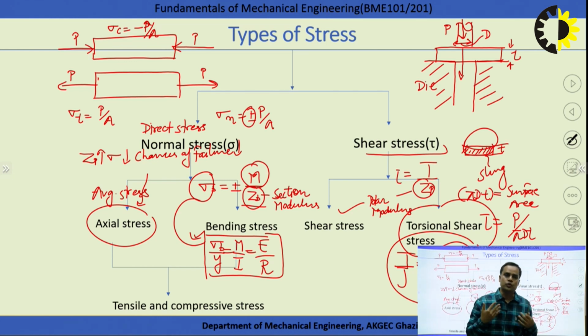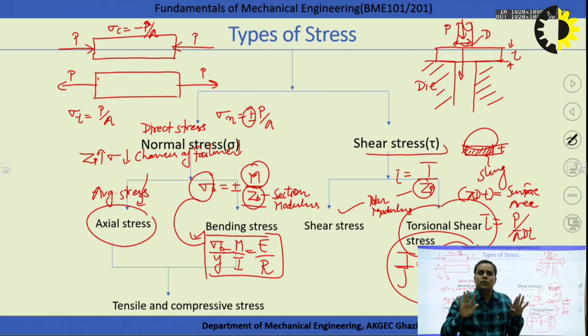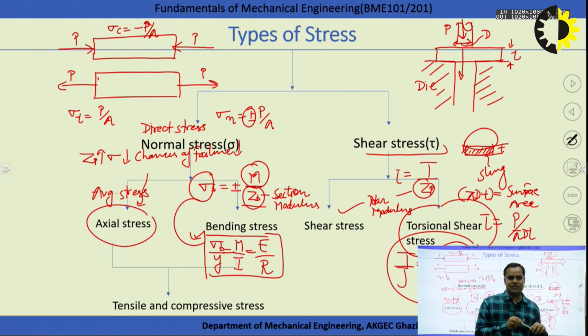And if we have to choose, there may be different constraints. Sometimes the space is a constraint, sometimes the weight is a constraint. So according to the specific requirement of space, or maybe due to weight, if we want to compare two shafts made of the same material, one solid, another hollow, which one is the strongest shaft against twisting?